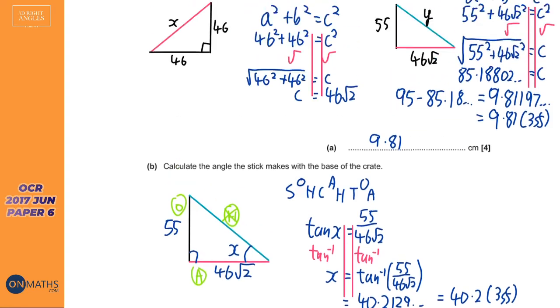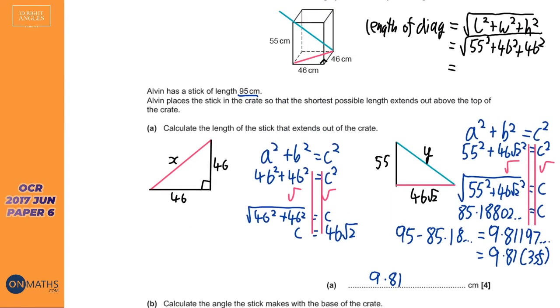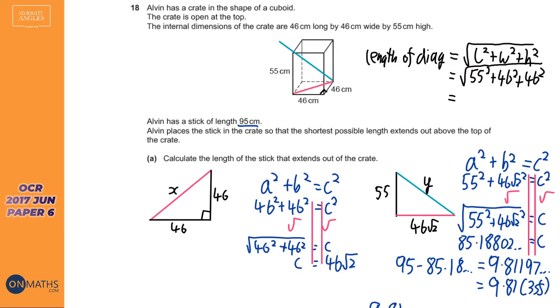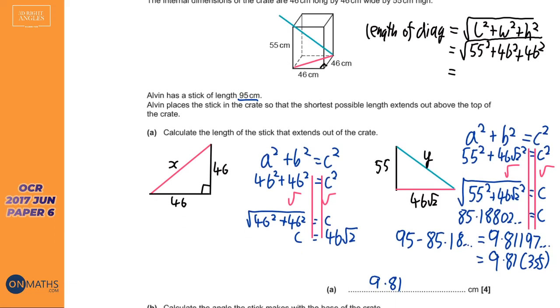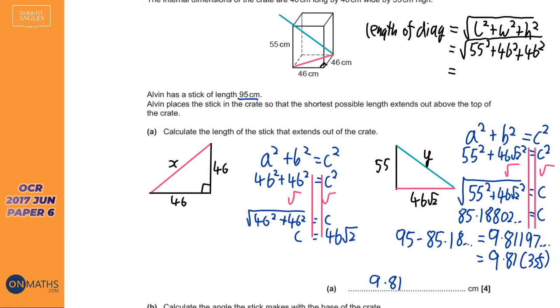But if you didn't know that formula, it is really useful because for a 4-mark question, just doing the square root of 3 squareds and then taking it away from 95 is the easiest 4-mark question you're ever going to get on the exam, especially as I think this is the last question on the paper. But using a couple of Pythagoras, it's not so bad either.